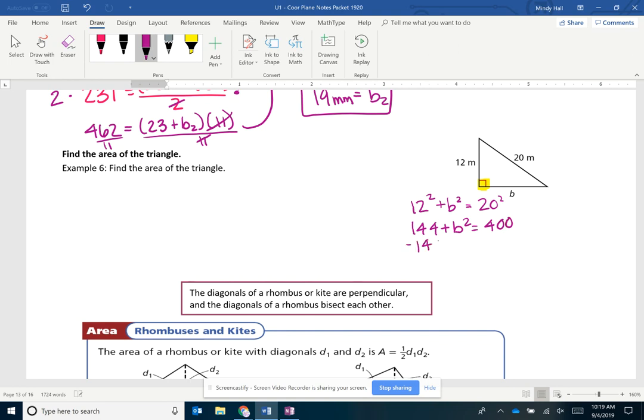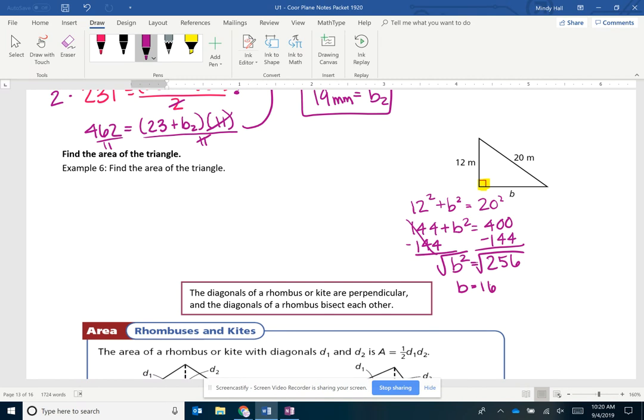So then we would subtract 144, and 400 minus 144 is 256. So then the square root of that is 16. So I know that my missing base is 16 thanks to the Pythagorean theorem.